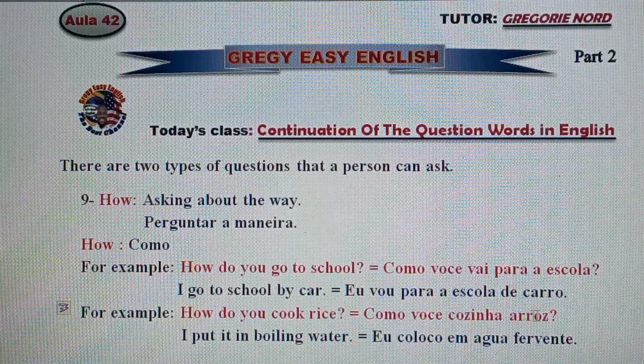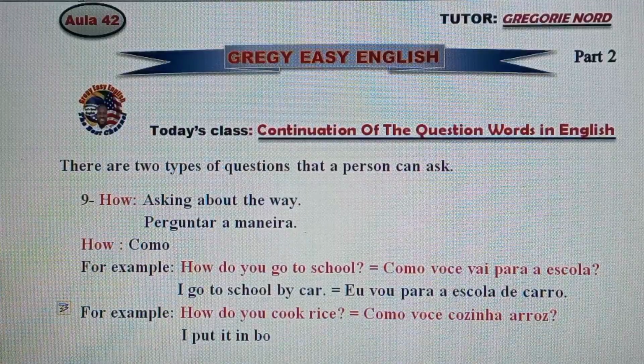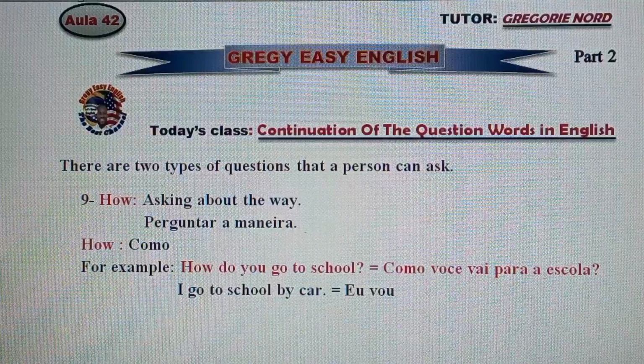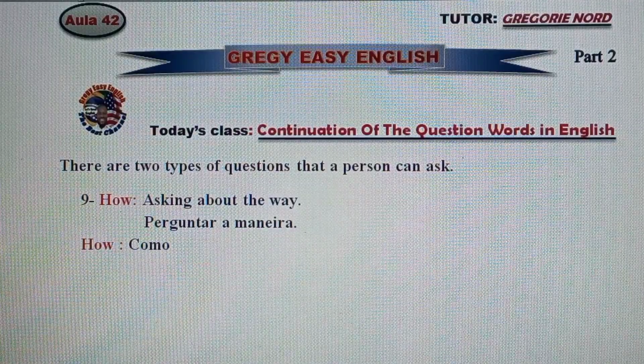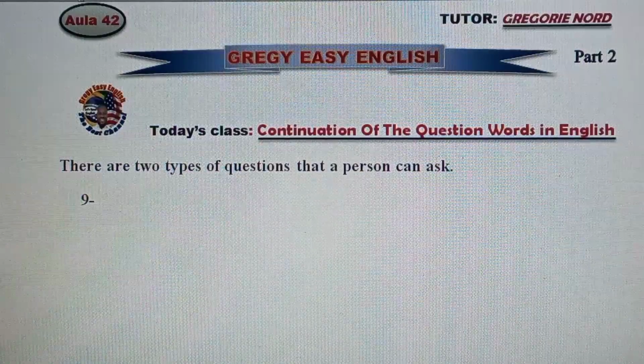Okay, guys. Now, let's continue with another question word we have in English. The 10th question word is the question word how long.